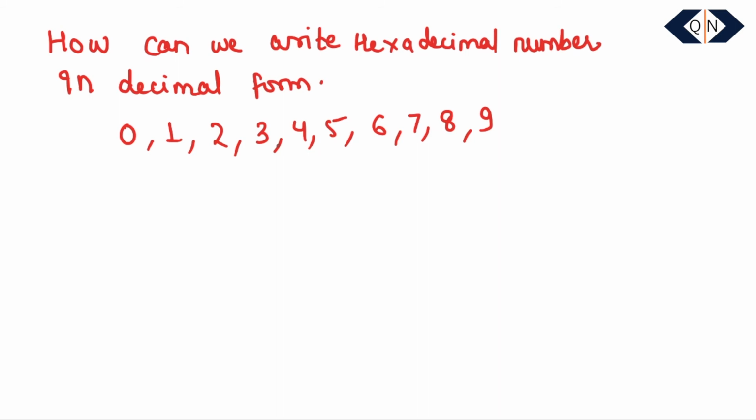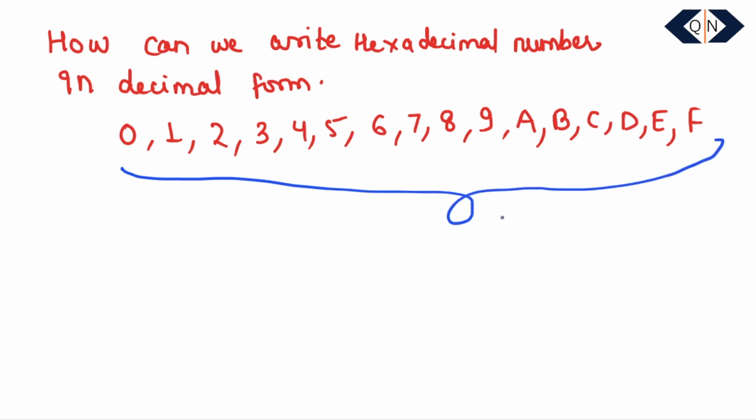So what we do here is, for 10 we write A, for 11 we write B, for 12 we write C, for 13 we write D, for 14 we write E, and for 15 we write F. Okay, so now we have all 16 symbols, to represent a hexadecimal number with these 16 symbols.